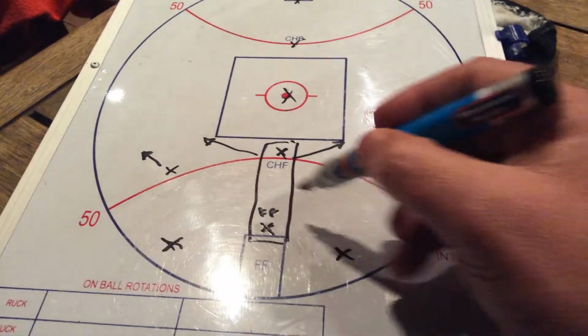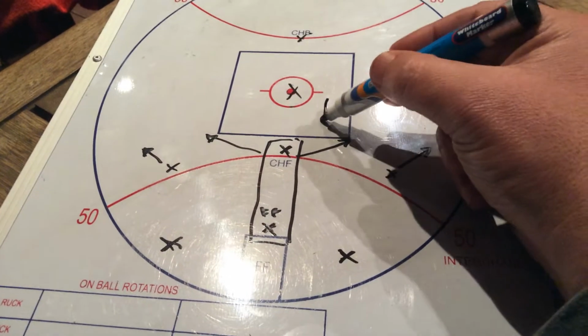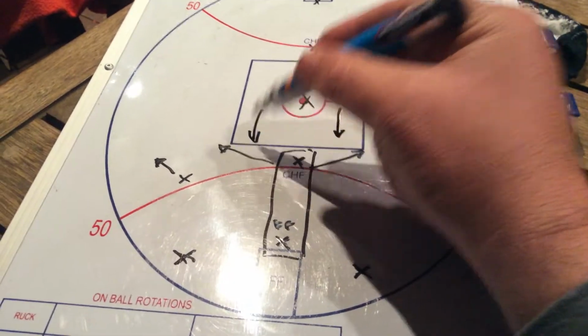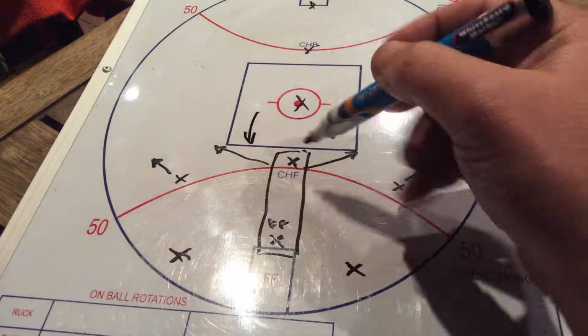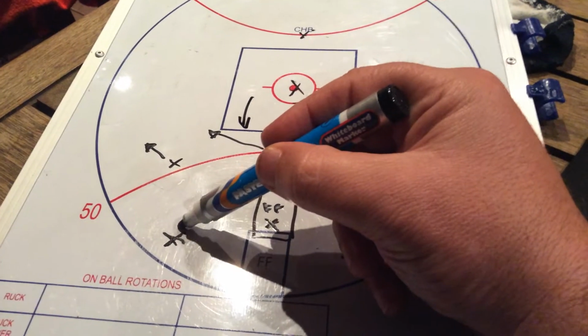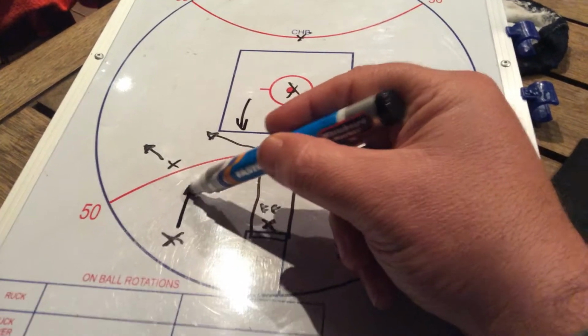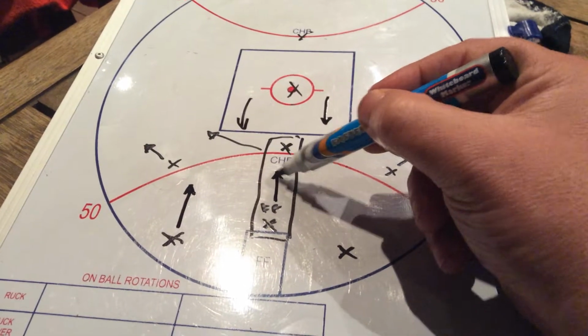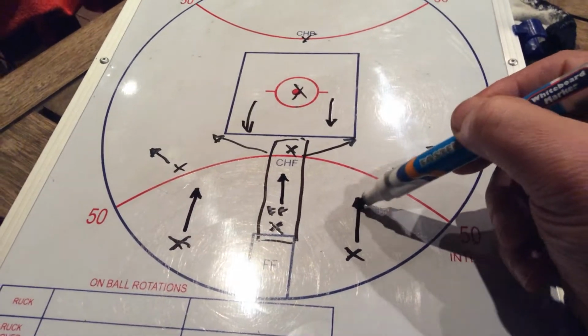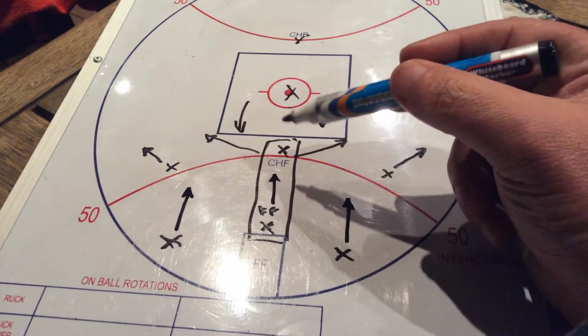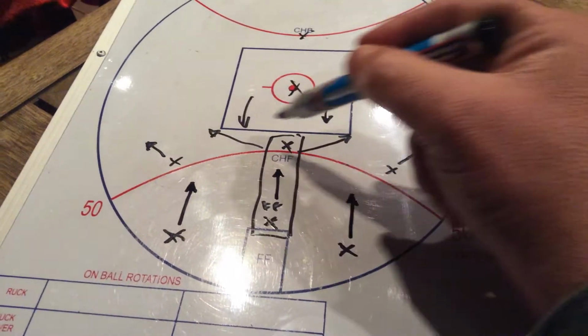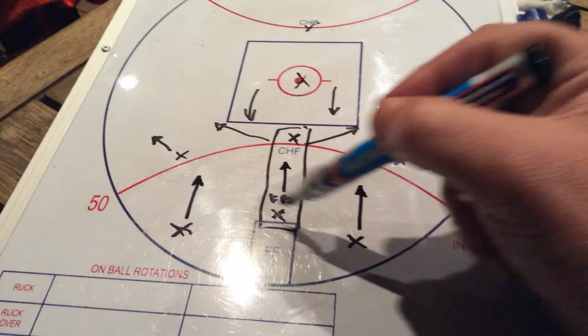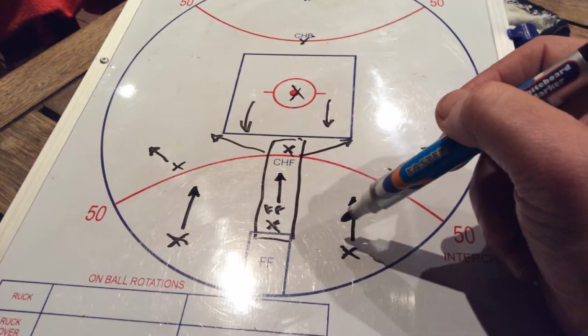So generally when the ball's moving through the middle, these guys are creating a first option, but certainly what we want from you guys down here is to be moving up the ground. Depending on how far the kick comes over, it either brings these guys into play, being our half forward line, or our full forwards down here.